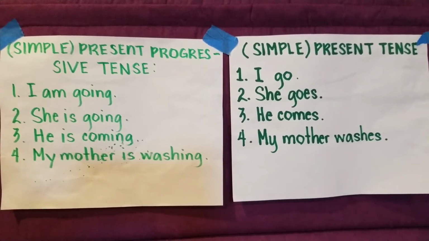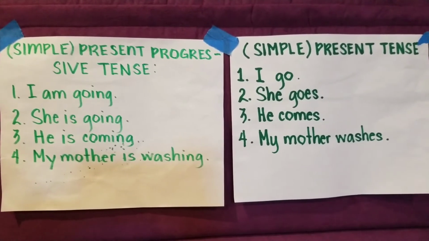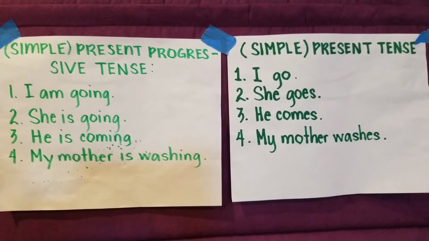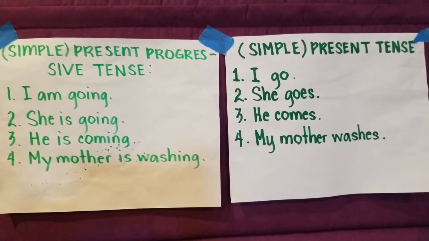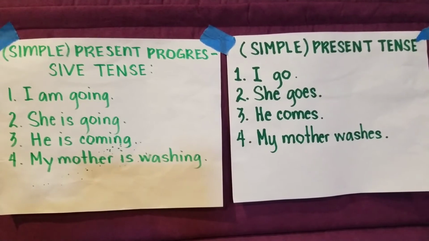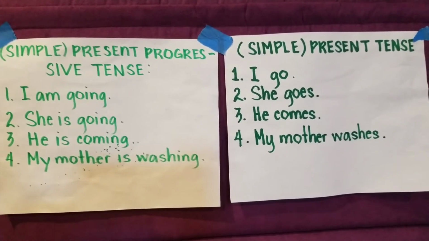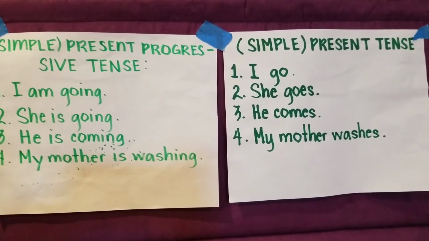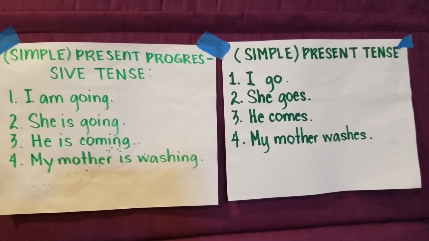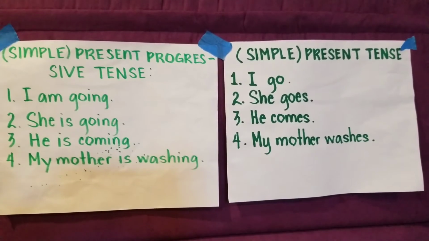Let's take a look again at the simple present tense examples. I go. She goes. He comes. My mother washes. The verbs go, goes, comes, and washes are all action verbs. Helping verbs are not needed.